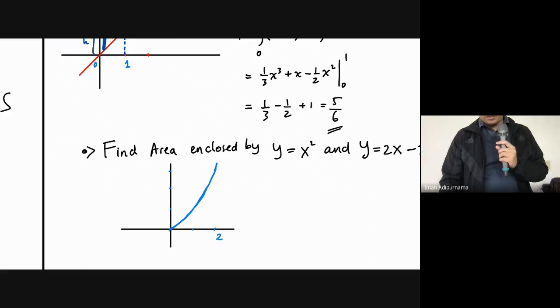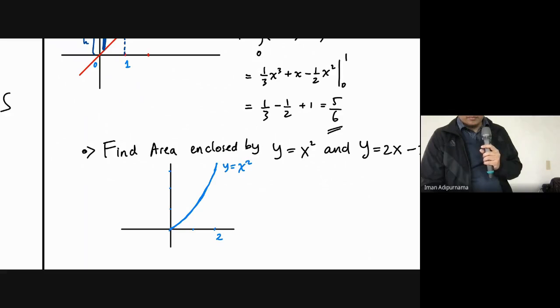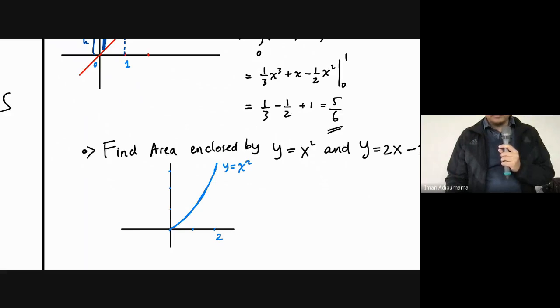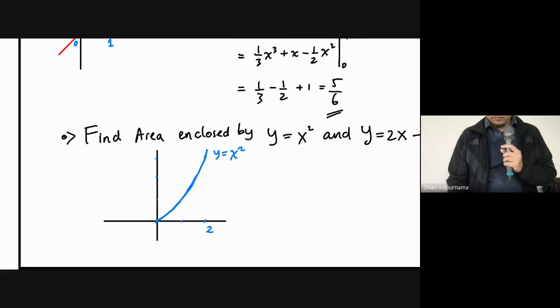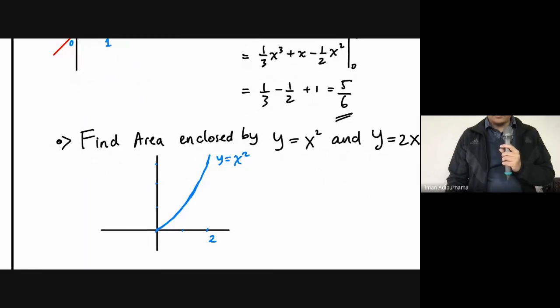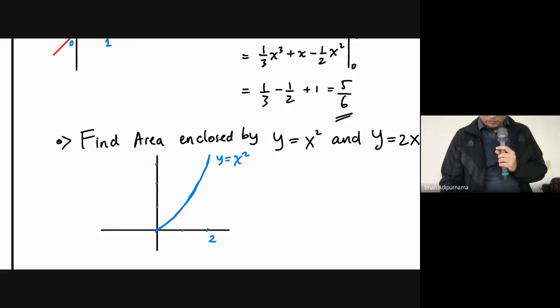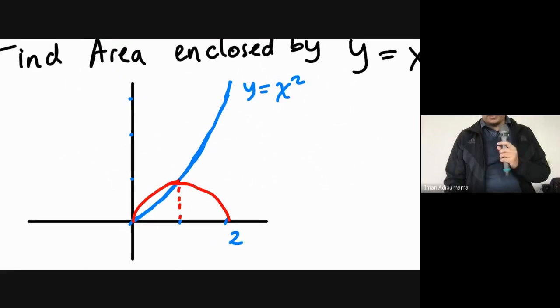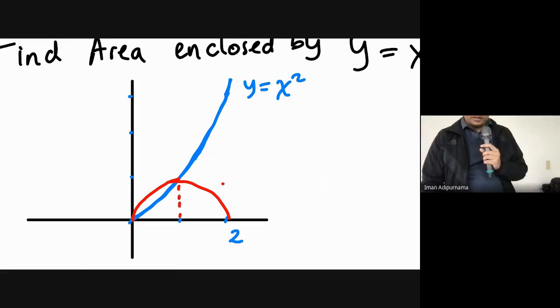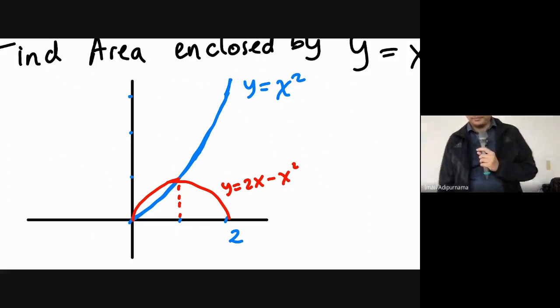Let's say this is our x squared. Should be like that. This is y equals 2x minus x squared.